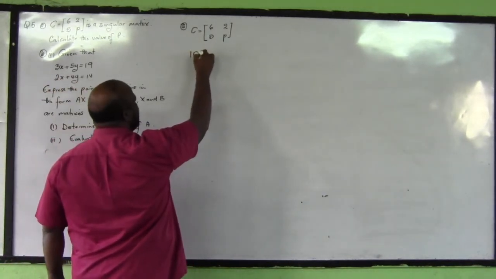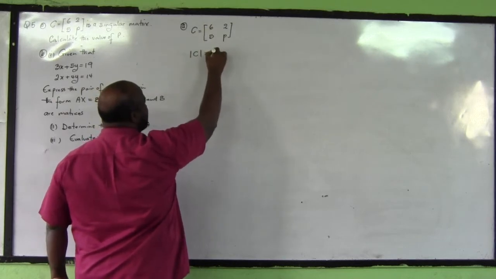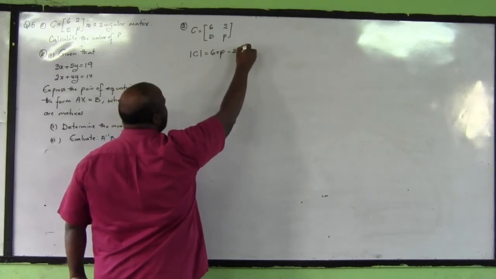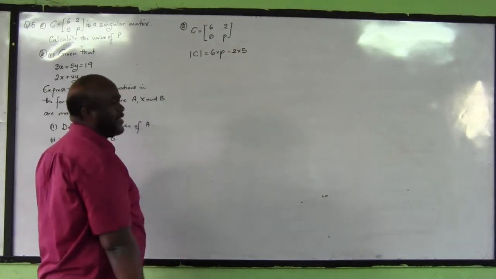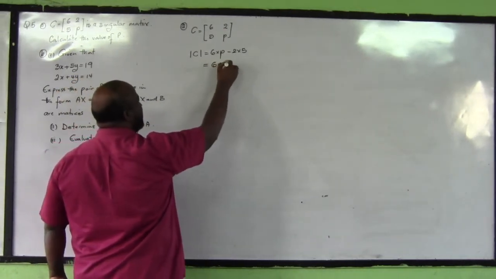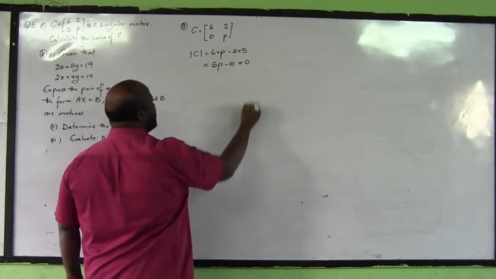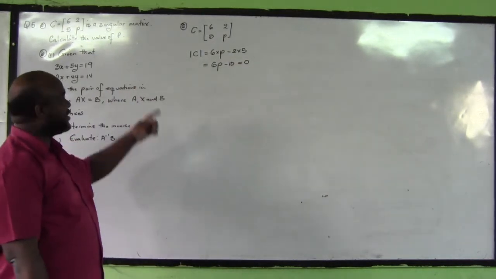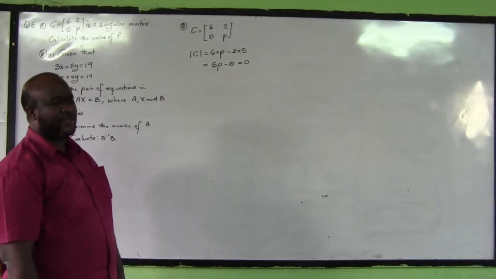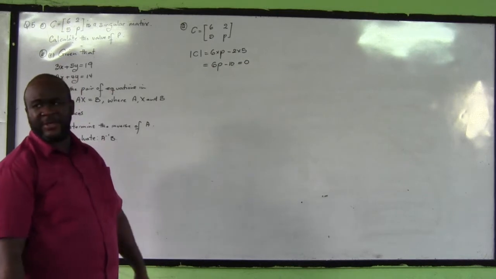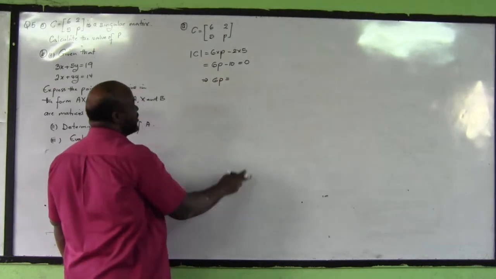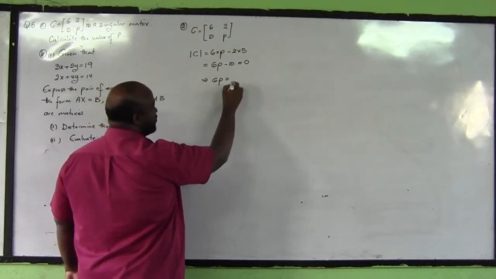The determinant of C would be this times this. So it's 6 times P minus this times this, 2 times 5. Now because C is singular, the determinant, which is 6P minus 10, would be equal to 0. So let's solve that simple equation for P. Therefore, 6P is equal to 10.